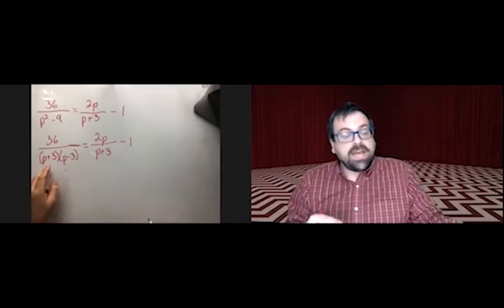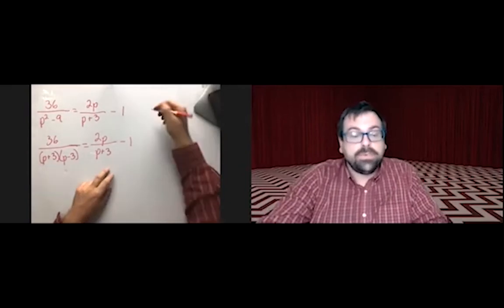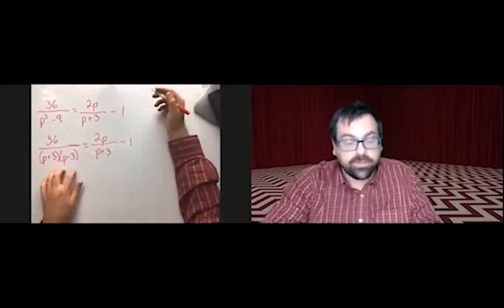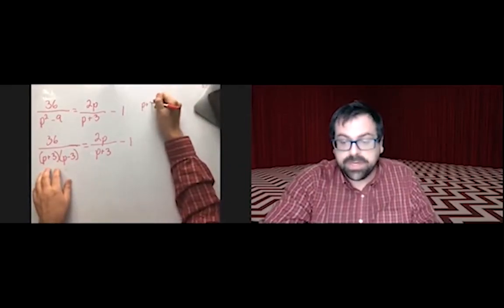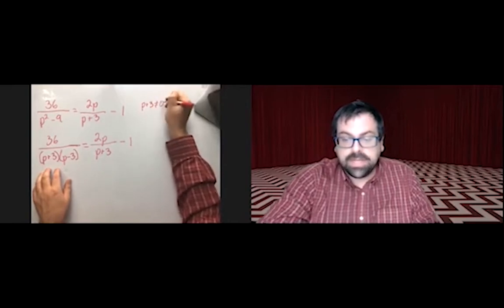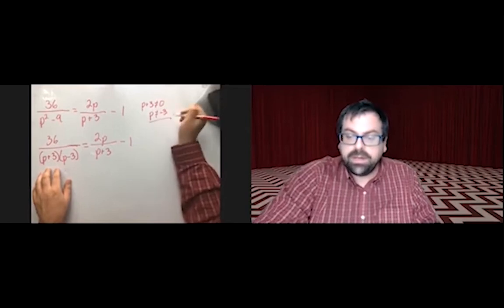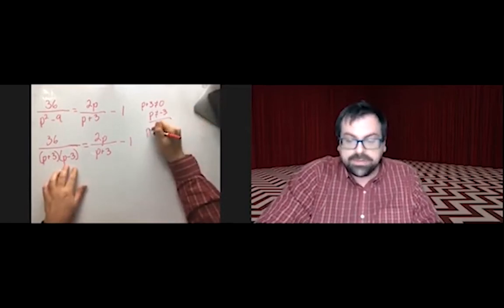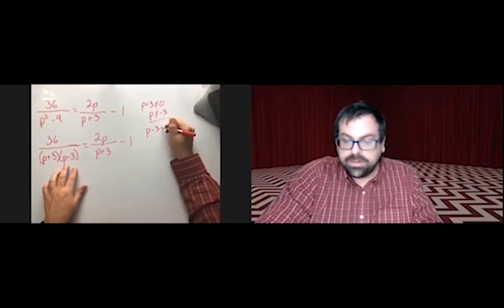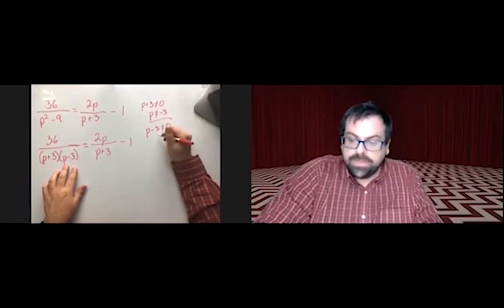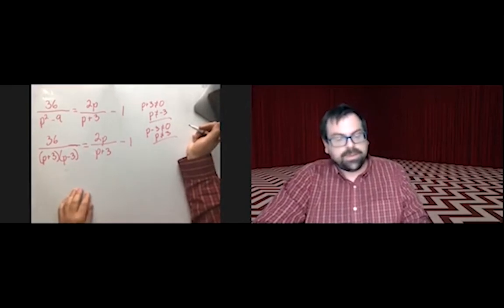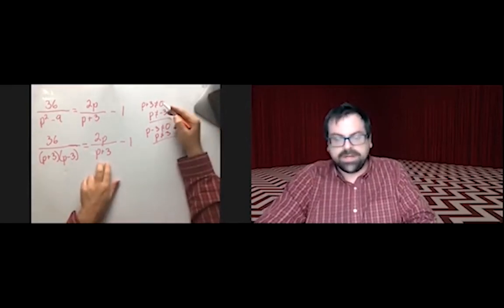It helps us find factors of the bottom that we know can't be equal to 0. So p plus 3 equals 0 isn't allowed. That means p can't be negative 3. P minus 3 isn't allowed. That means p can't be positive 3.